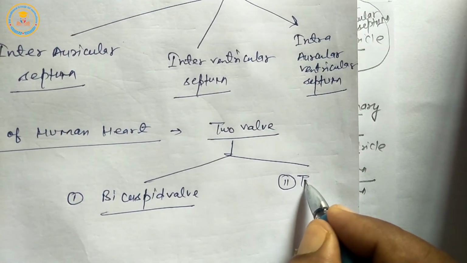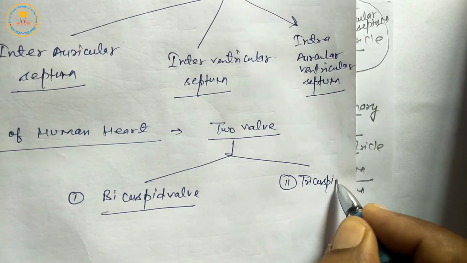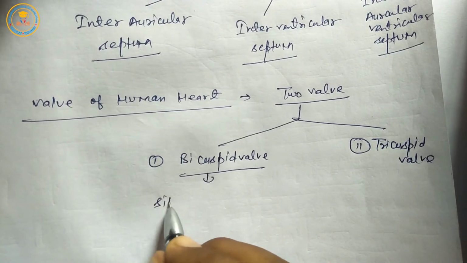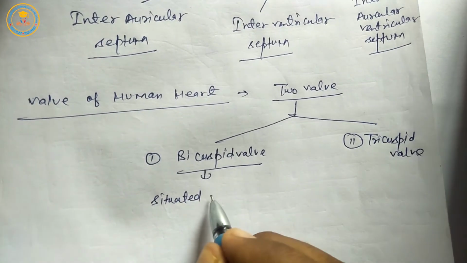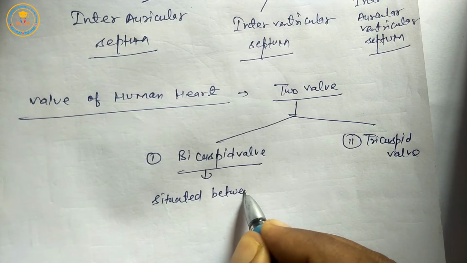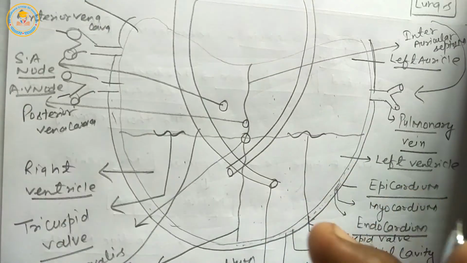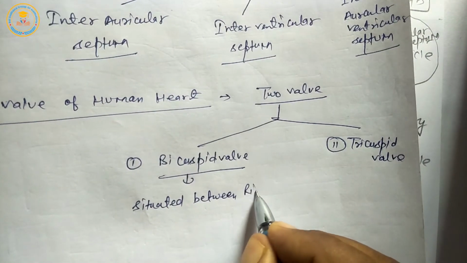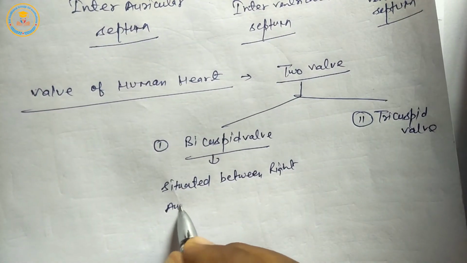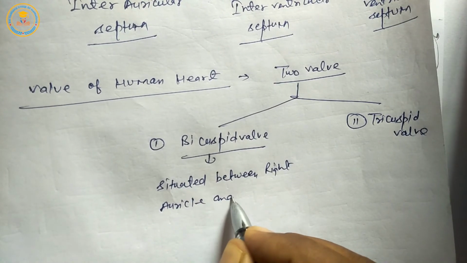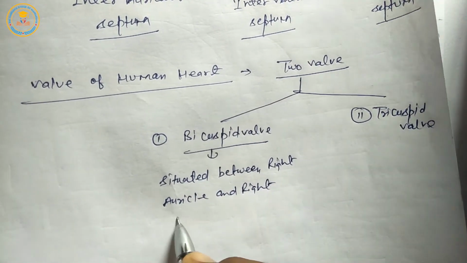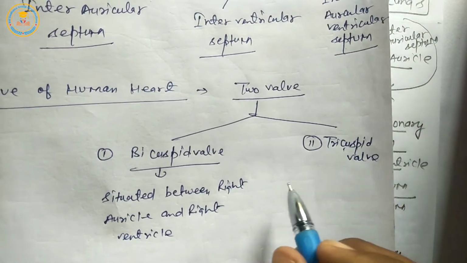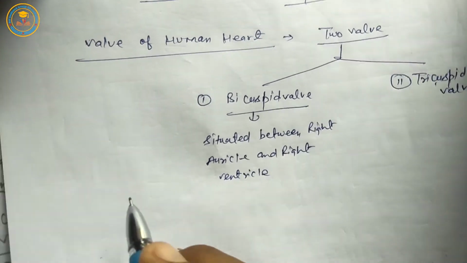Second is the tricuspid valve. The bicuspid valve is situated between the left auricle and left ventricle. Next, the tricuspid valve is located between the right auricle and right ventricle.